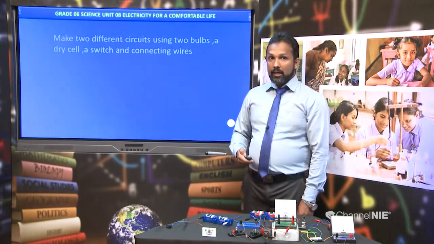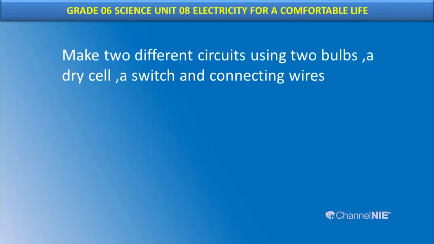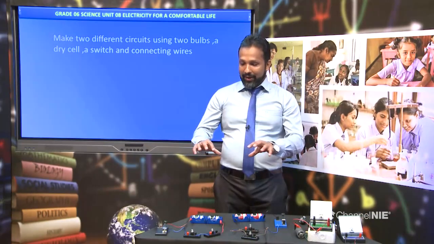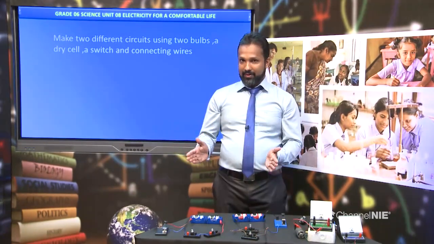Now, let's do a simple activity. Try to make two different circuits using two bulbs, a dry cell, a switch, and connecting wires. My dear children, I have arranged two circuits in different manners.